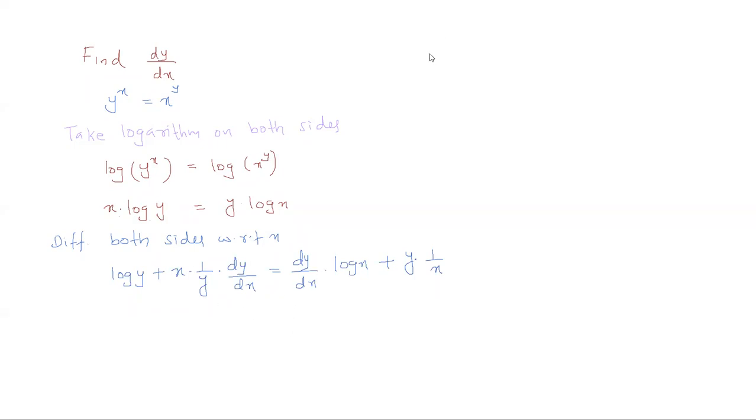So now we have to collect all the terms containing dy by dx on one side. On the left side there is one term, on the right side there is one term. So it is x by y dy by dx, or you can take dy by dx common. So dy by dx common, so x by y into dy by dx, and log x on the left side it will come, it is minus log x, is equal to y by x is already there on the right side, and take that log y to the right side, it is minus log y.